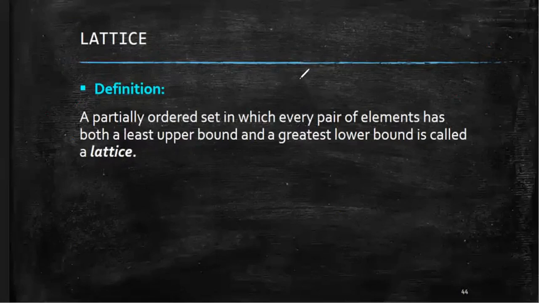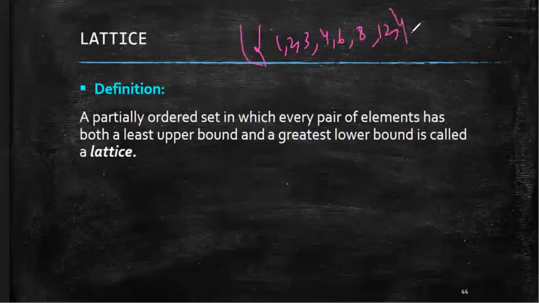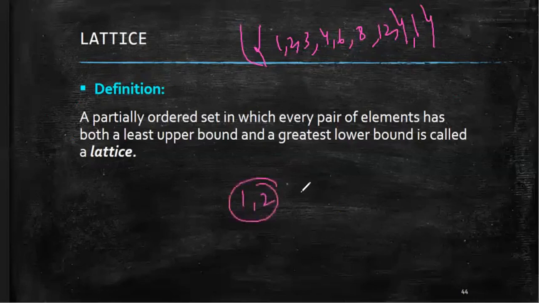If I am taking any pair in the partially ordered set, suppose your partially ordered set is the set of elements 1, 2, 3, 4, 6, 8, 12 with the relation a divides b, then if you take any pair of elements, it should have the least upper bound and greatest lower bound. So if I am taking 1, 2, the subset {1, 2} should have a GLB and LUB. Similar is the case with any pair that you are taking.